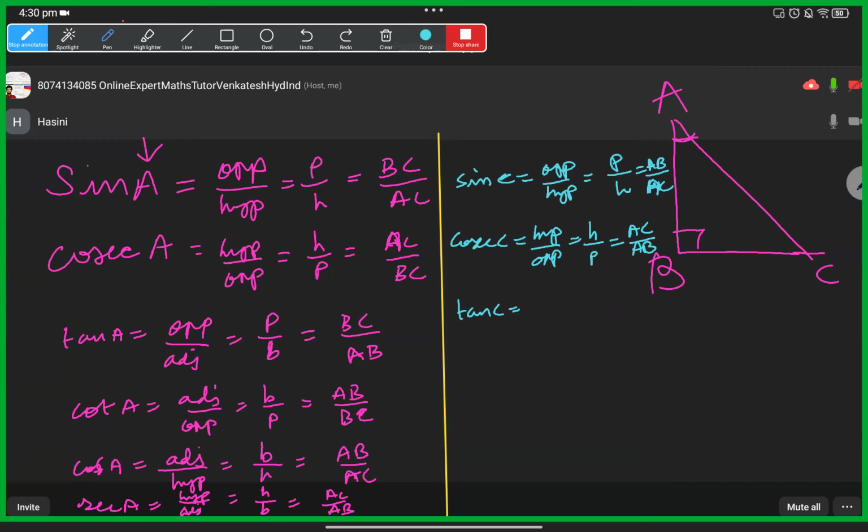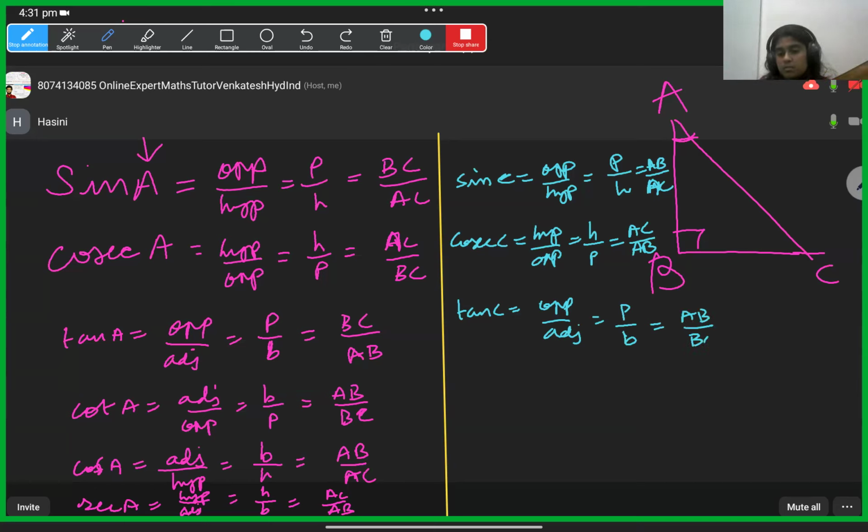So tan C, the tan formula, is perpendicular by base, opposite side by adjacent side, which is AB by BC.